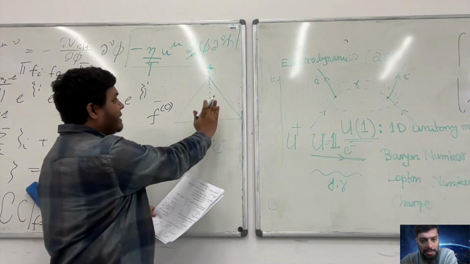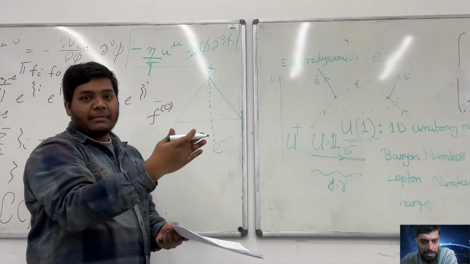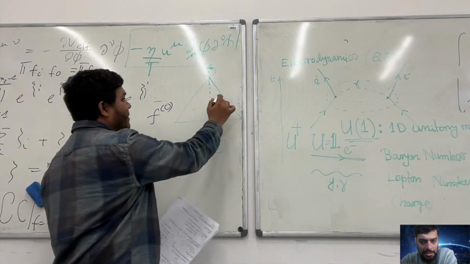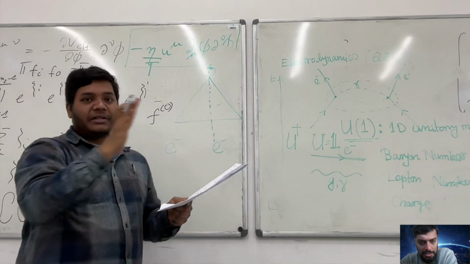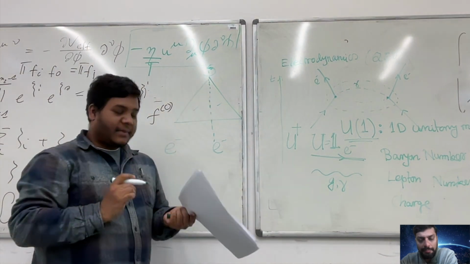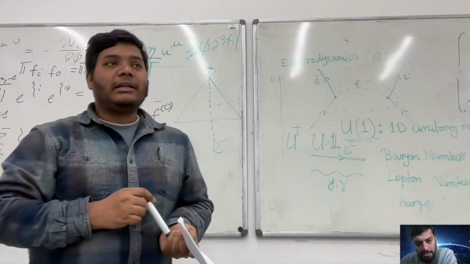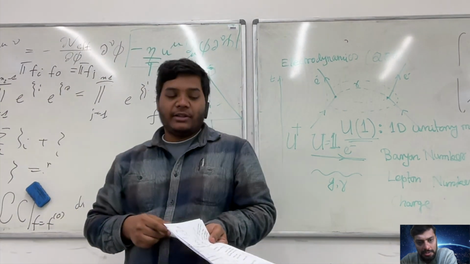The form of this triangle will remain the same. Or if you look at this part or this part, they are identical. So there is a symmetry between both sides.